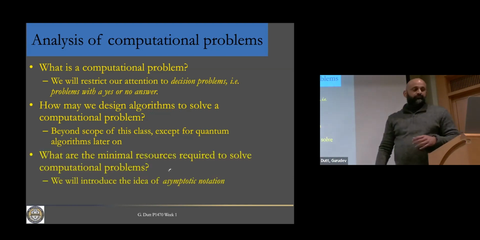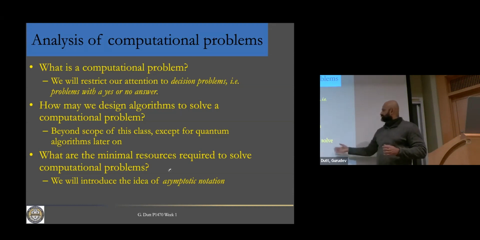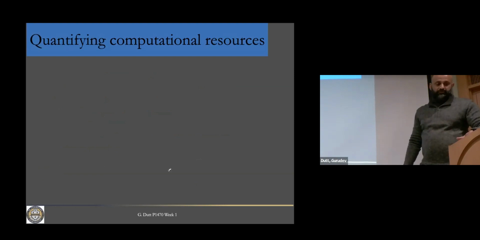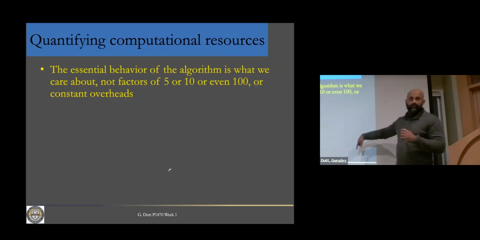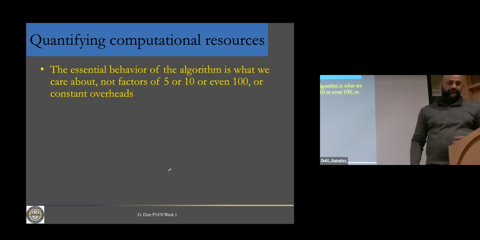The last question you could ask when analyzing computational resources is, what are the minimal resources required to solve these computational problems? To do that, we'll introduce the idea of asymptotic notation, on this slide. I'm talking about the last question first, and then I'll come to decision problems and the classes of decision problems at the end.